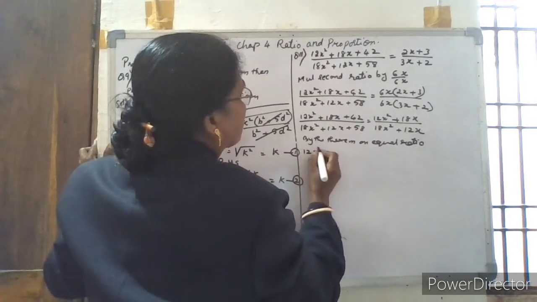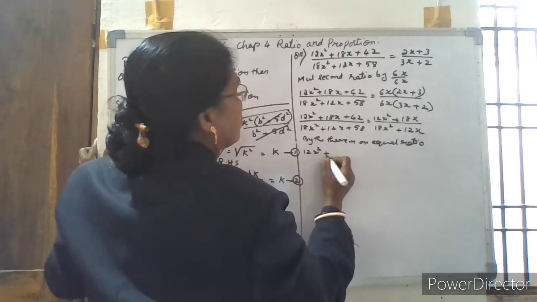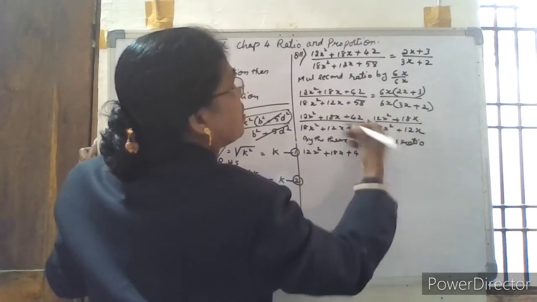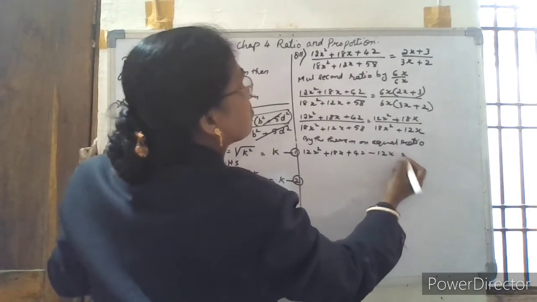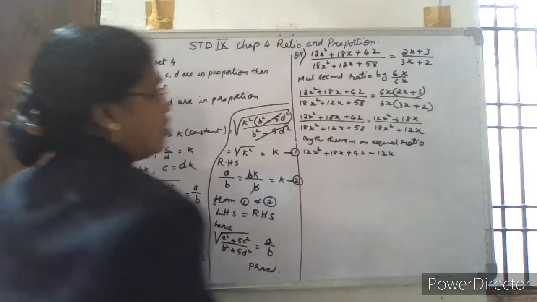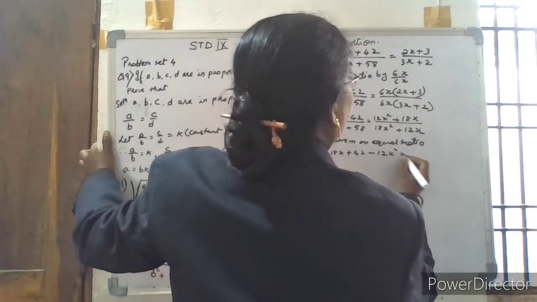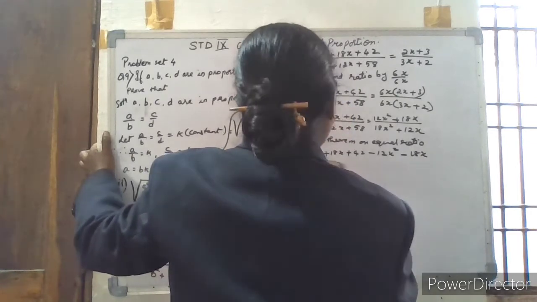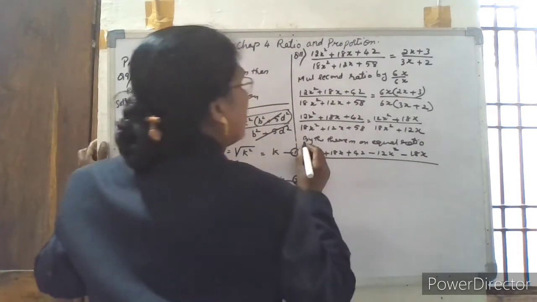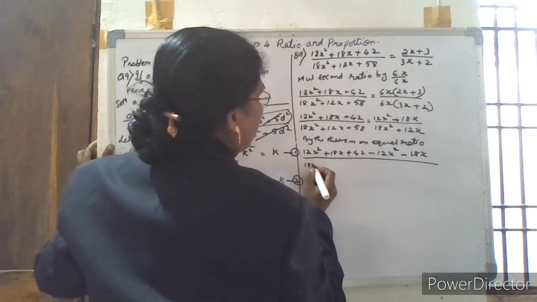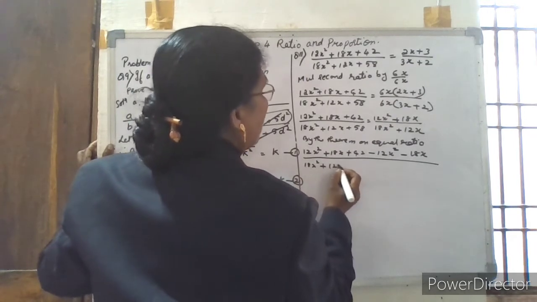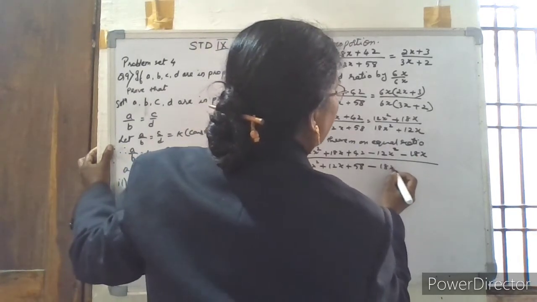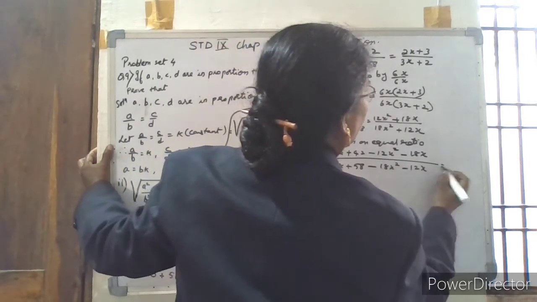So 12x² + 18x + 42 minus this, bring all this side, minus 12x² minus 18x, upon 18x² + 12x + 58 minus 18x² minus 12x equal to 0.